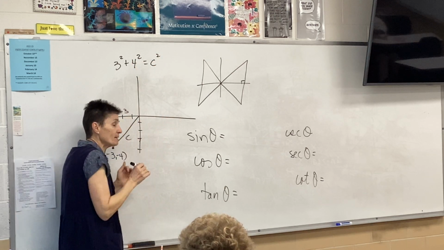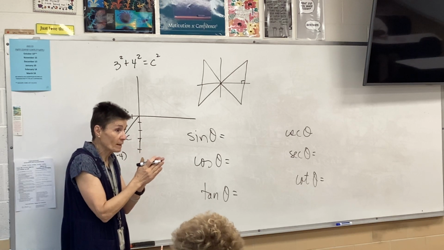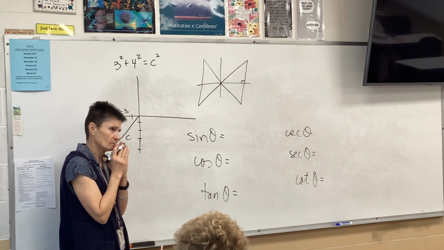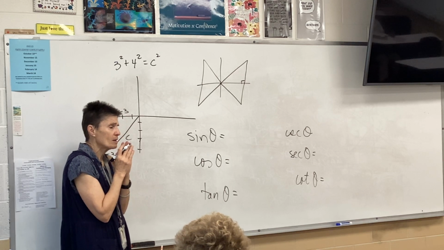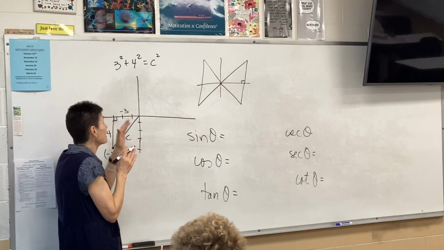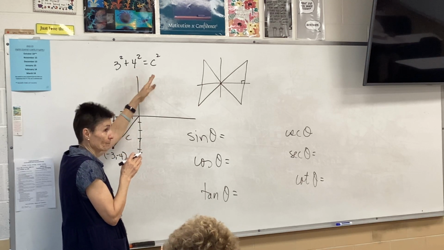This is what happened to the negatives. Remember, we're squaring. So what does happen to the negatives? When you square a negative, it disappears, right? So let's not even include them when I'm doing the Pythagorean theorem. They're going to be gone.